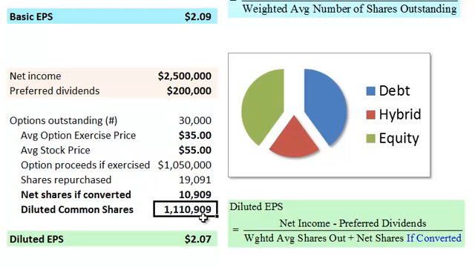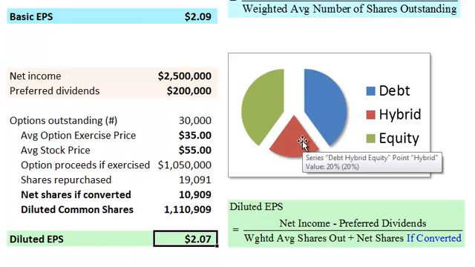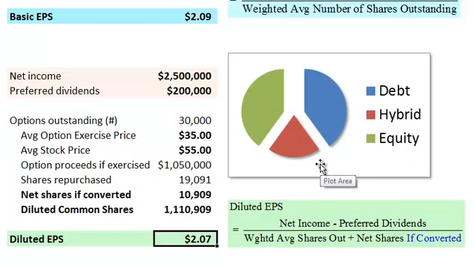And so now the diluted EPS takes that same numerator as before and instead divides it by this larger diluted common shares denominator, and that means we're going to get a lower number. So we're always going to get a lower number on diluted EPS than basic EPS if there are any hybrid instruments on the balance sheet or in the capital structure that could represent potential dilution.